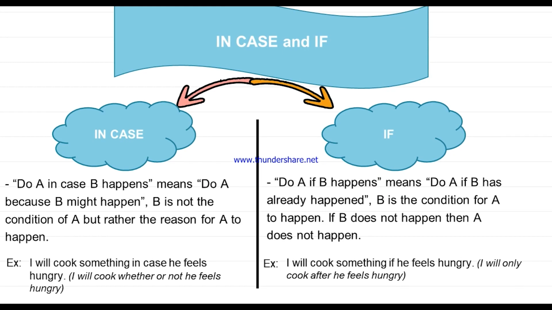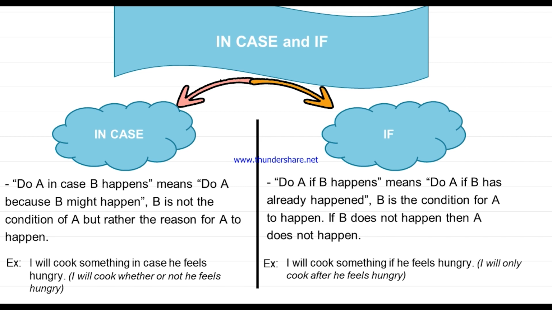And finally, we have to distinguish in case and if. First we have in case. To do A in case B happens means to do A because B might happen. B is not a condition of A but rather the reason for A to happen.